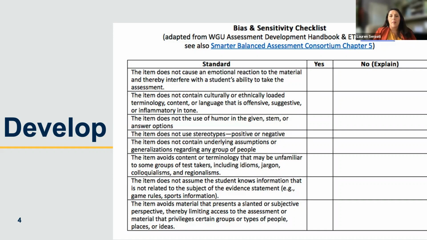So this is just an applied tool that we suggest using in the early stages of development before you put content in front of students, to screen, to kind of get that check, to ensure that we are providing the most fair and valid assessment of what we really want to measure, not the construct irrelevant variance, right?